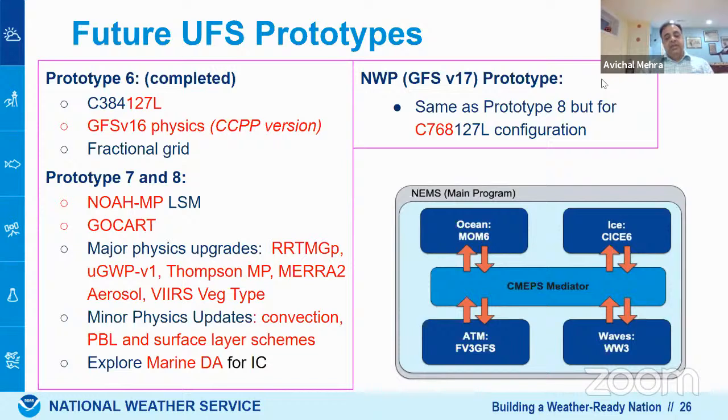Once we have all these physics schemes in there, we plan to then conduct a tuning of the overall system and look at all other components and come up with configurations or options which reduce those system biases.